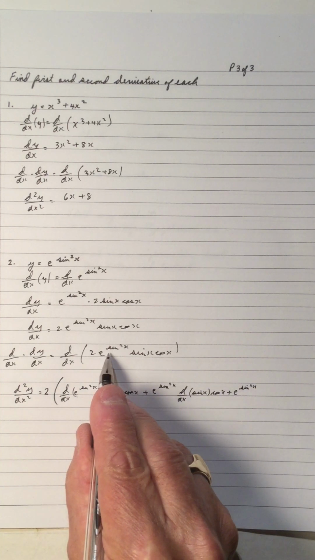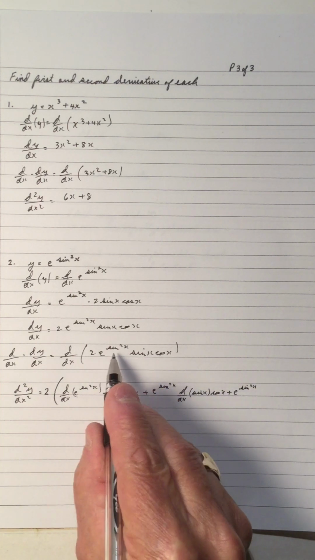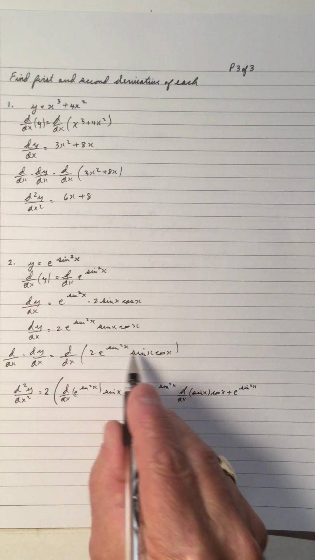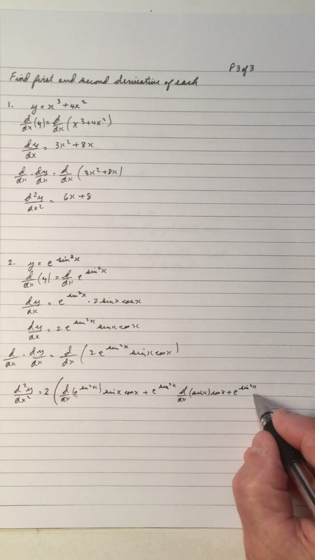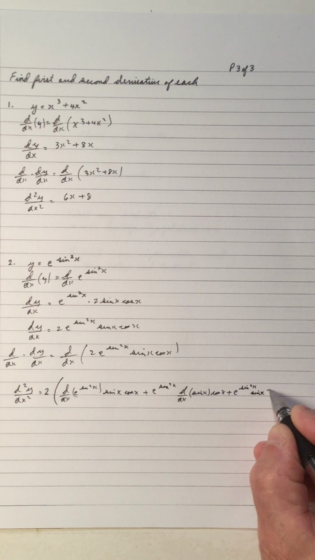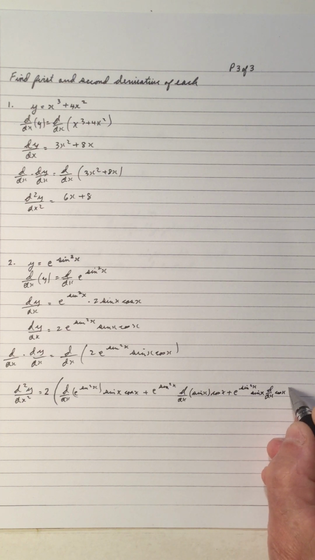I did the derivative of the first one times the other two, then the derivative of the second one times the other two, then the derivative of the third one times the other two. That's e to the sine squared x times sine x cos x, plus e to the sine squared x times the derivative of sine x, plus e to the sine squared x times sine x times d/dx on the cos x.